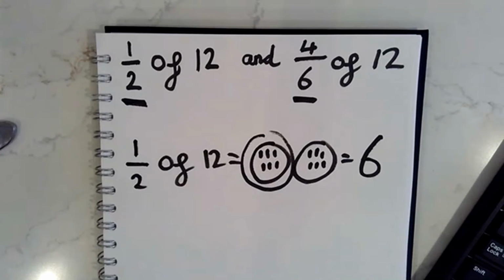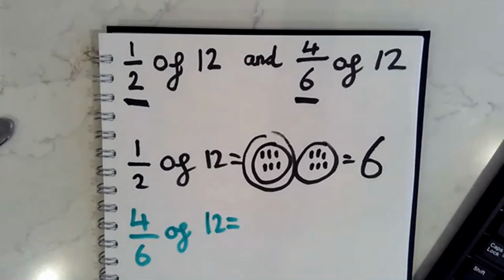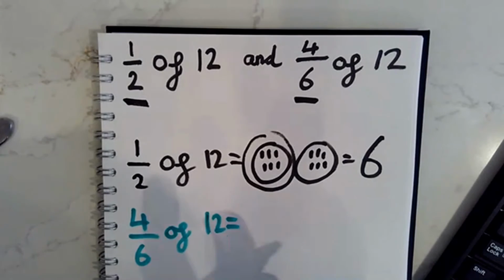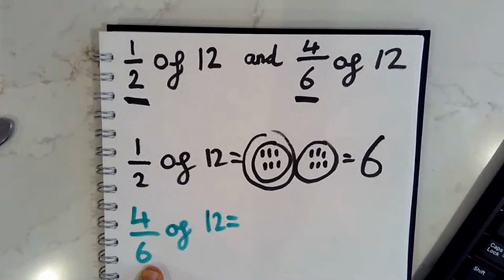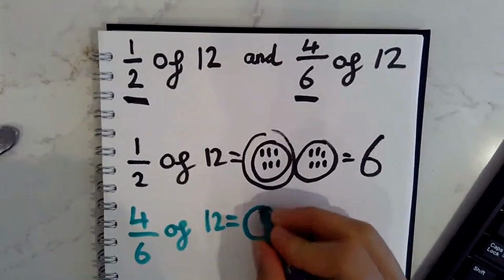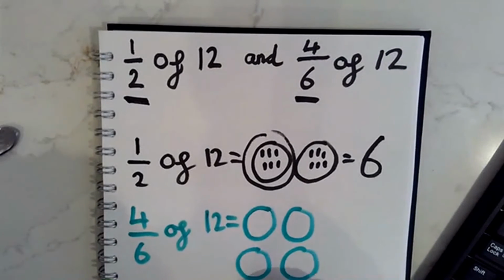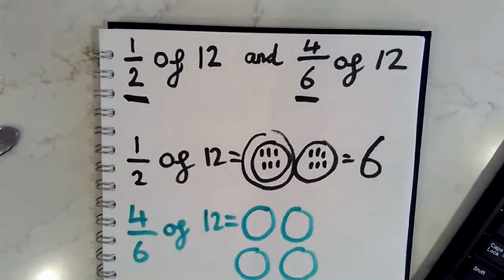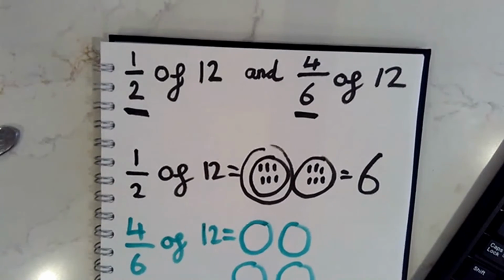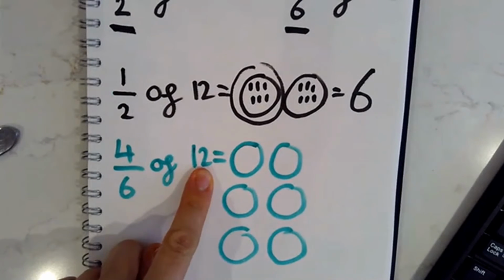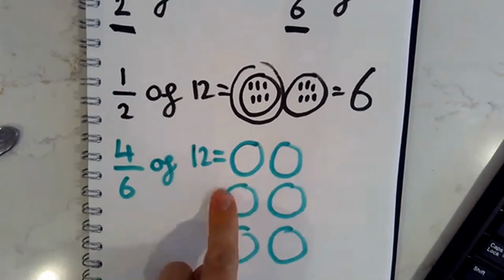Let's see if I get the same amount when I do 4/6 of 12. I'll do it in a different colour to make it really clear. 4/6 of 12. Again, I need to start off with step 1, divide the whole by the denominator. My denominator is 6, so I'm going to have 6 groups. 1, 2, 3, 4, 5, 6. And now I need to share my 12, my whole, equally into my 6 groups.